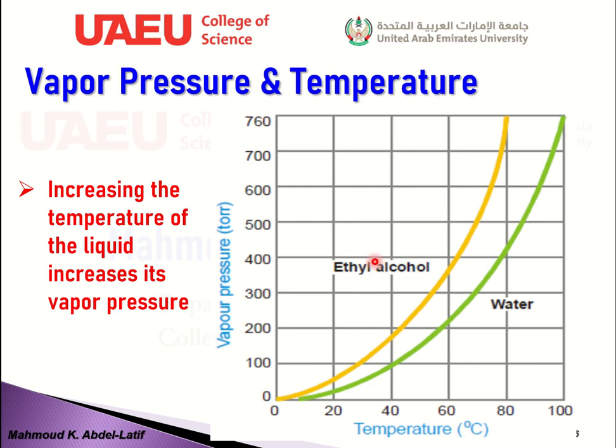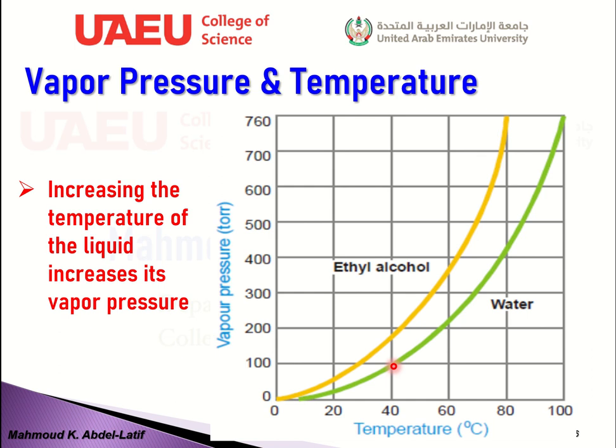As you see, there is a relationship between the vapor pressure and temperature, and this relationship is direct proportionality. So increasing the temperature of the liquid increases its vapor pressure. If you compare ethyl alcohol and water as solvents at any given temperature, let's compare at 40 degrees centigrade.